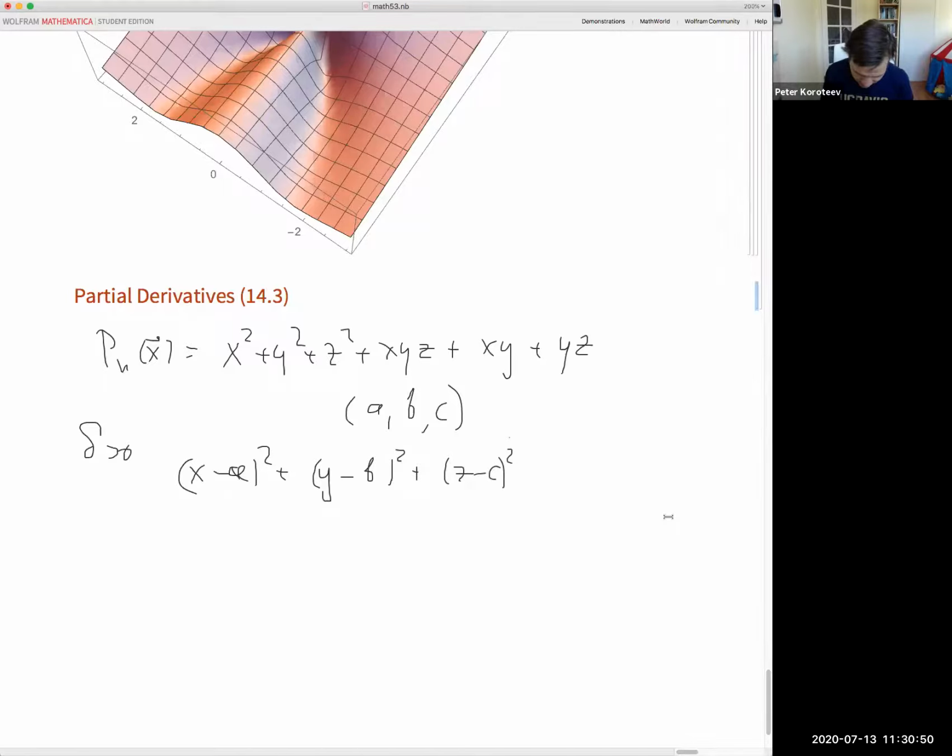if you pick x such that this is less than delta squared, what should happen is that Pn of x, y, z minus Pn of a, b, c is less than epsilon, for every epsilon bigger than 0.